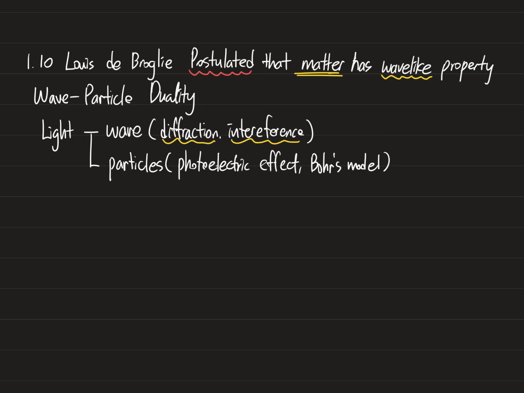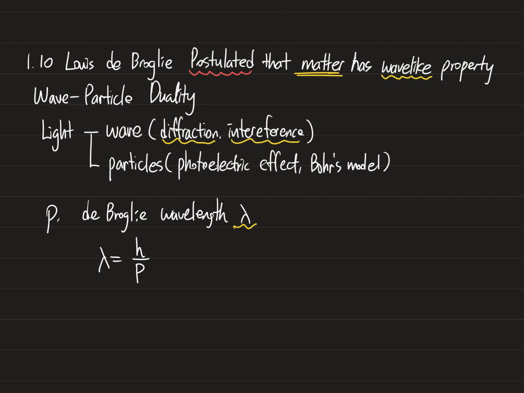He postulated that any particle with momentum p also has a corresponding wavelength, which we now call the de Broglie wavelength, lambda. The relationship he proposed is beautifully simple: the matter wavelength lambda is equal to the Planck constant h divided by the particle's momentum p.